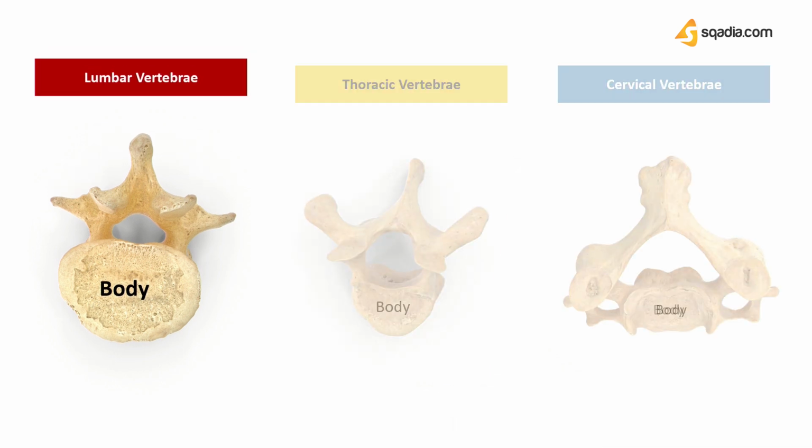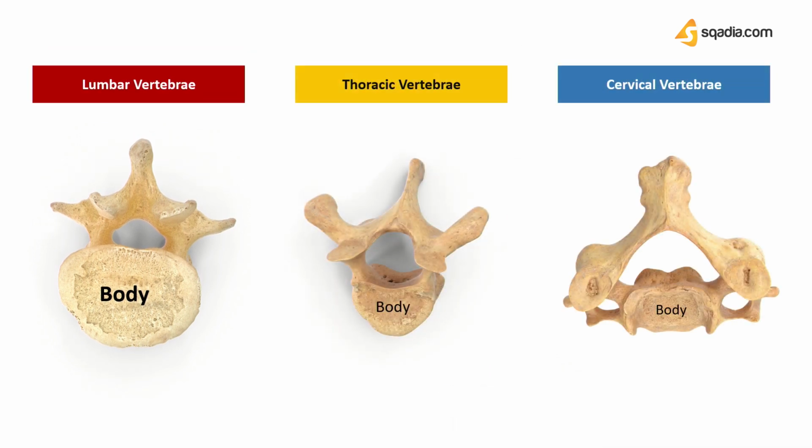If you compare the cervical, thoracic, and lumbar vertebrae, please observe the size of the vertebral foramen. The lumbar region has a slightly larger vertebral foramen as compared to the thoracic region, as well as the vertebral foramen is triangular as compared to the rounded vertebral foramen in case of thoracic region.